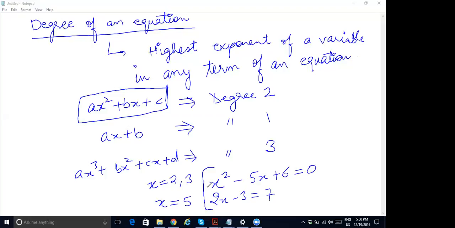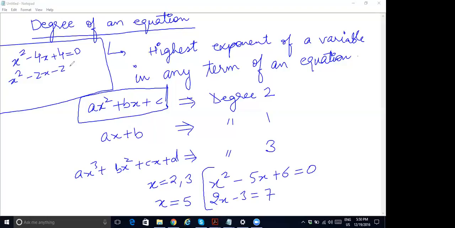Now, solutions may be distinct or may not be distinct. For example, if we are given x square minus 4x plus 4 equals 0, we will get x minus 2 whole square, which means x is equal to 2 and x is equal to 2.